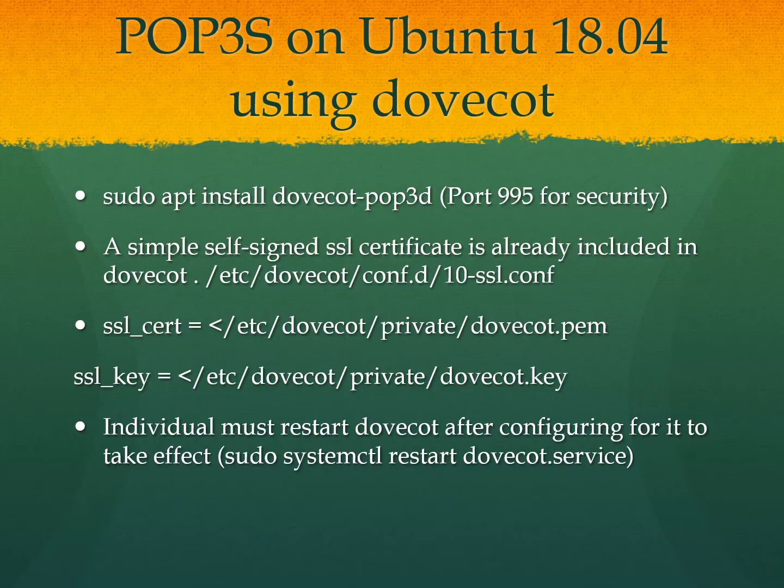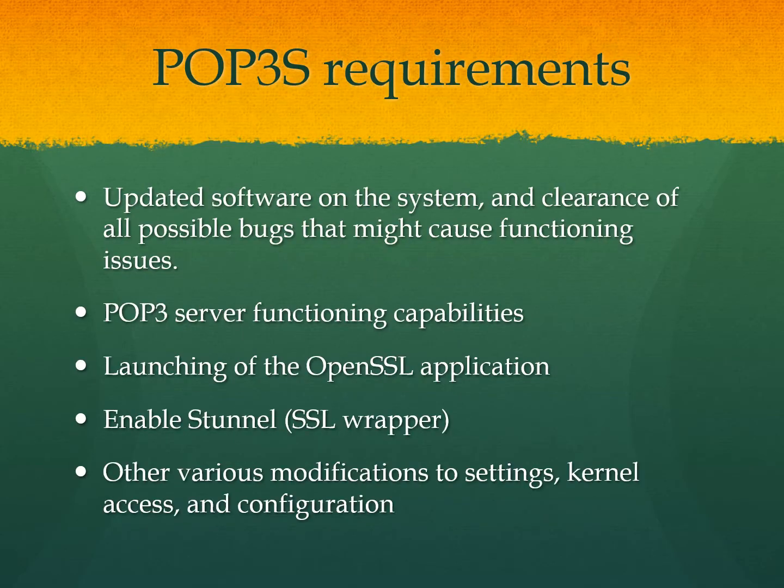And you'll want to change that port, as I previously stated, to 995 for security purposes. If it was at 110, you're not completely protected, so that's a key in this particular process. As you see on the slide, a simple self-signed SSL certificate is already included in Dovecot, so that's a part of the package when you download.